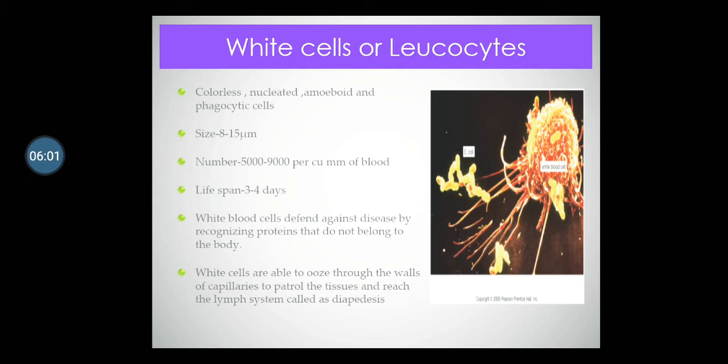Lifespan is about 3 to 4 days. The WBC defend against disease by recognizing proteins that do not belong to the body. The WBC are able to ooze through the wall of capillaries to patrol the tissues and reach the lymph system, called diapedesis.